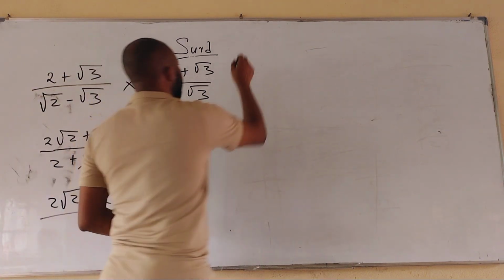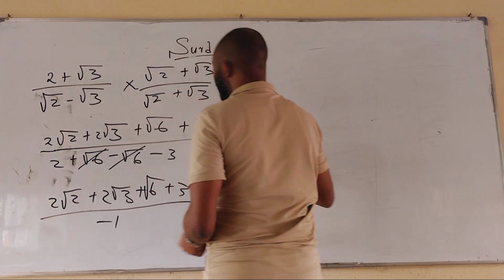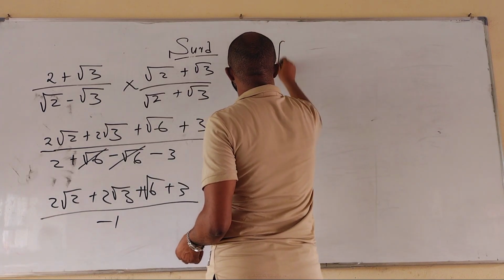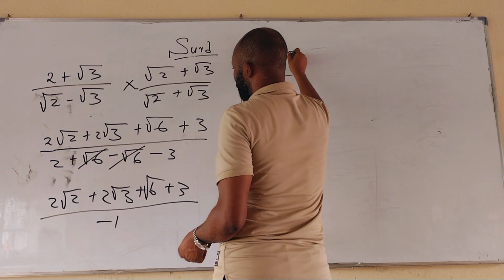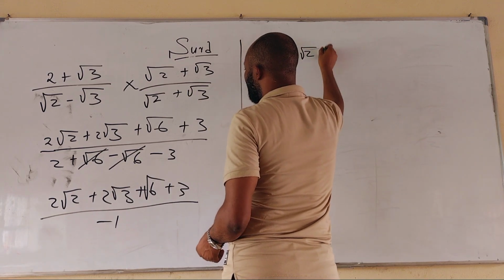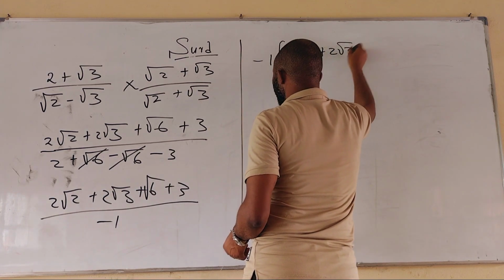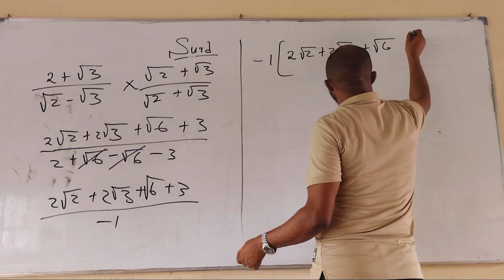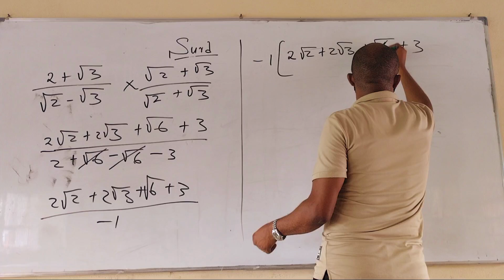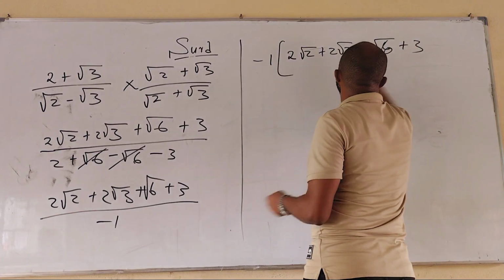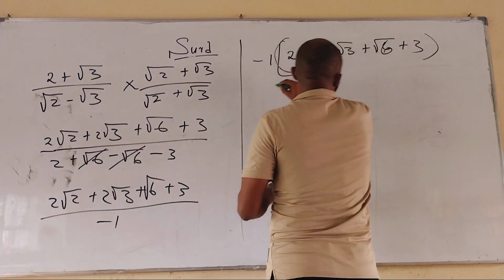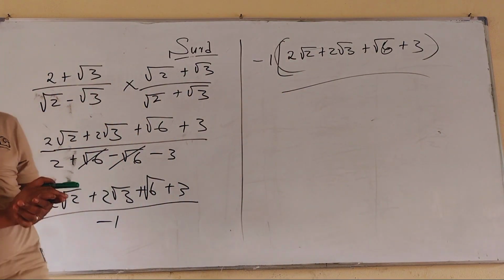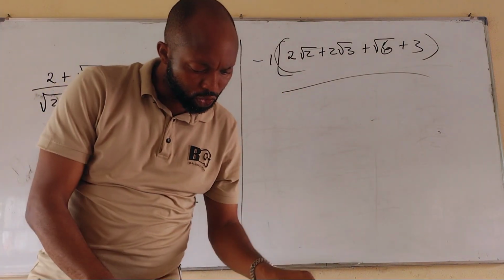So I can easily say I have minus 1 times 2 root 2 plus 2 root 3 plus root 6 plus 3 as my answer. Or better still, we leave it like this, if anyone would choose to deal with it.